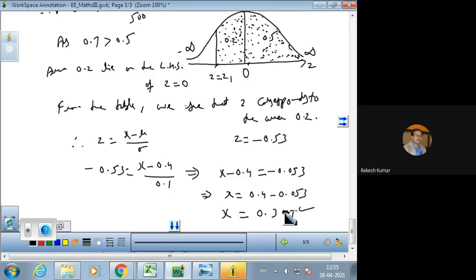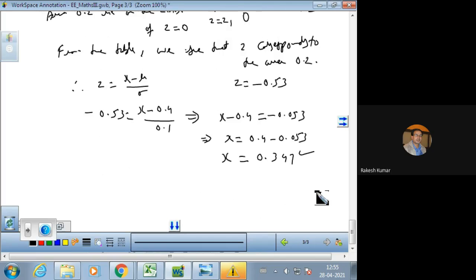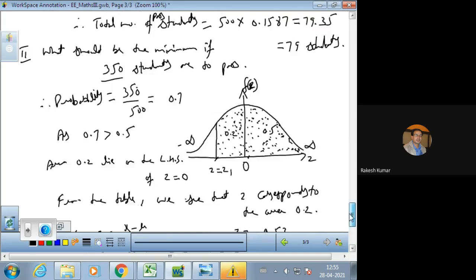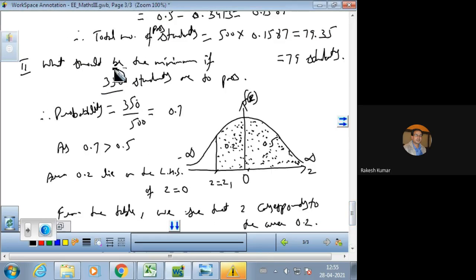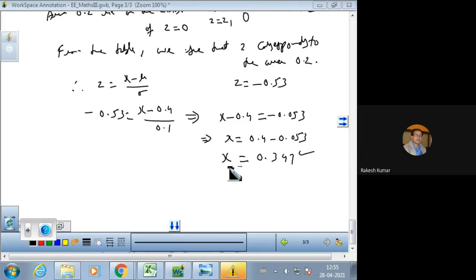Now this is the x we have. Now we will be able to calculate the passing criteria. So, the second point we are doing: if 350 students are required to pass, for this we need to compute the value of x. So x has been calculated as this, then we can make the percentage.